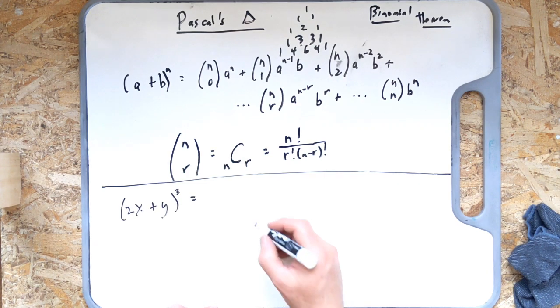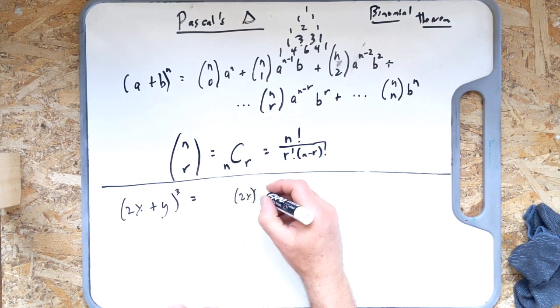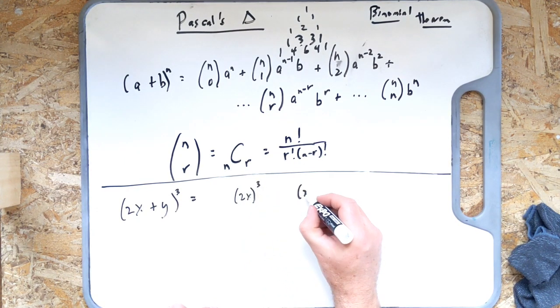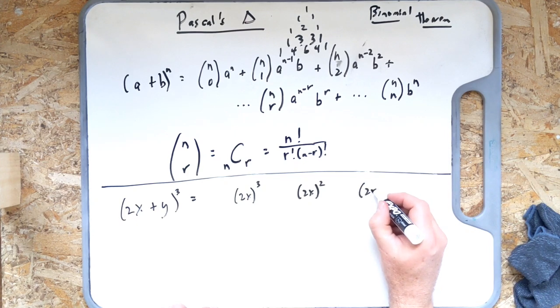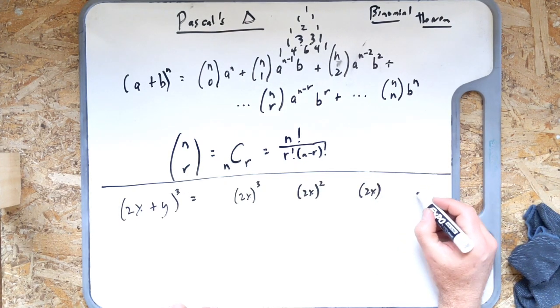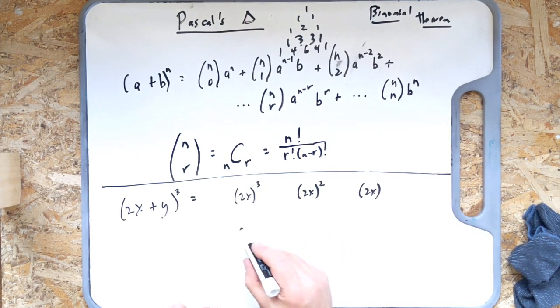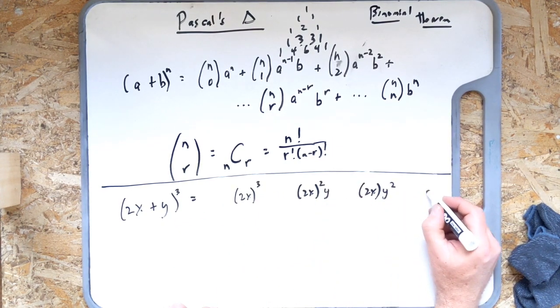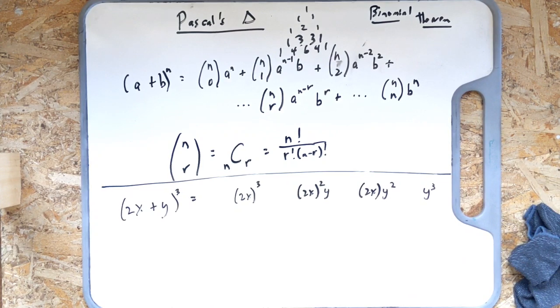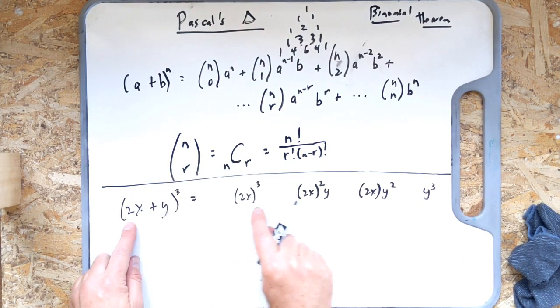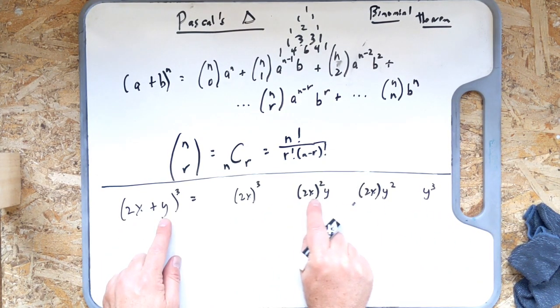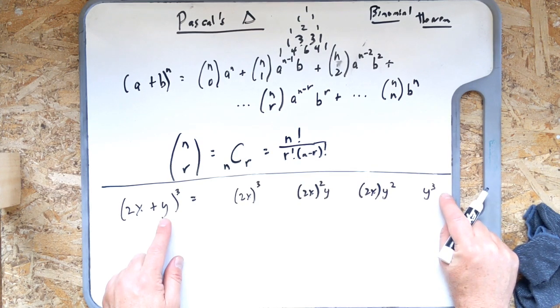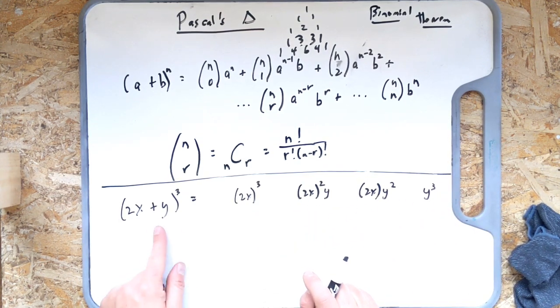Okay, if you're back, you have 2x cubed, 2x squared, 2x, and then 2x to the 0, which is 1. And then the y, we have nothing there. Y squared, y cubed. So again, this is 2x declining values of powers. This is y increasing from the second term, or you can think of it as coming from the end and declining that way.